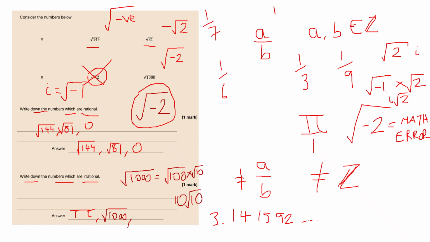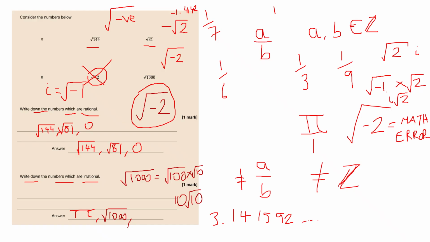If you don't believe me, if you type in minus root 2 into your calculator and then press execute and then format to decimalize it, you get minus 1.4142 etc. If you type in the square root of minus 2, press execute, it says math error, with a big triangle saying error, then it says back. So bear that in mind.